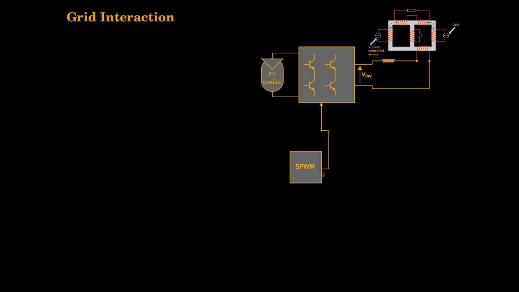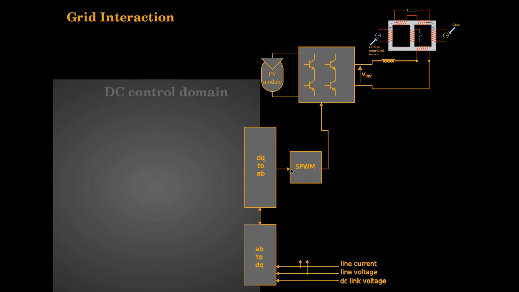The control for the inverter is SPPWM. You measure the line currents, line voltages, DC link voltages, and then I can shift the AC to the DC. We know how to do the transformation, ABC to alpha beta to DQ, and then here we are in the DC control domain, just like we discussed earlier.